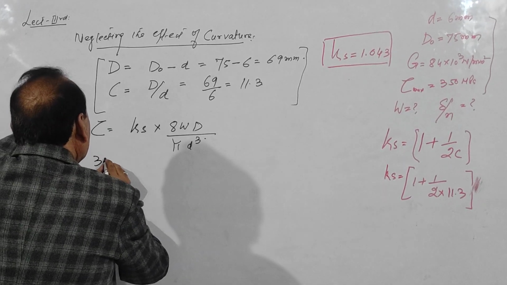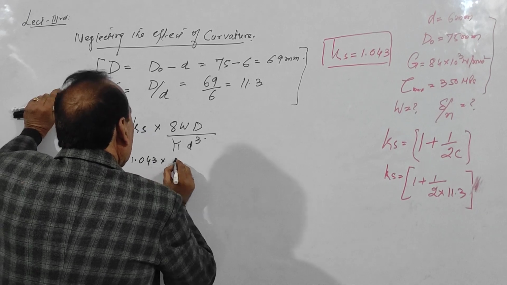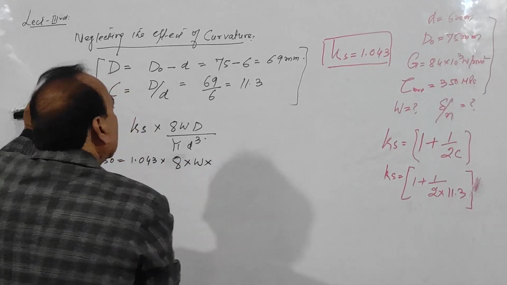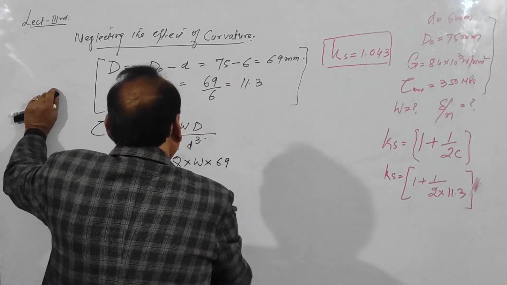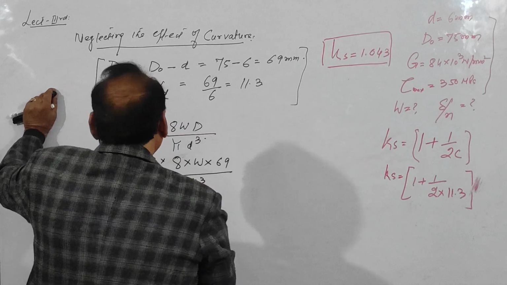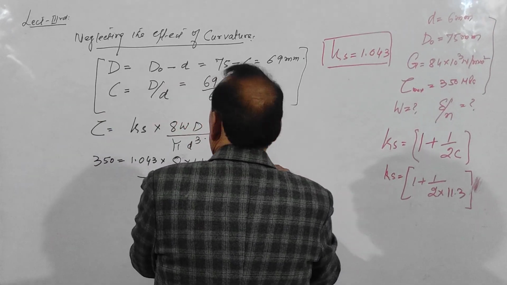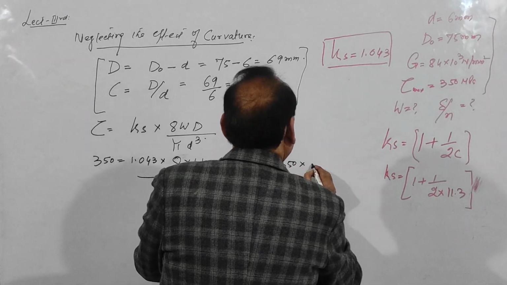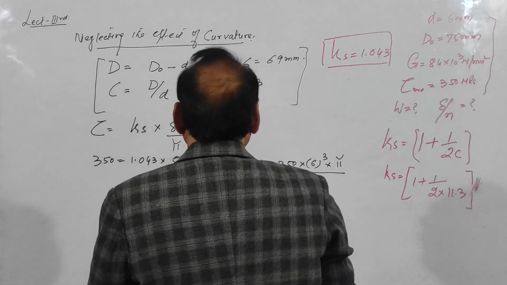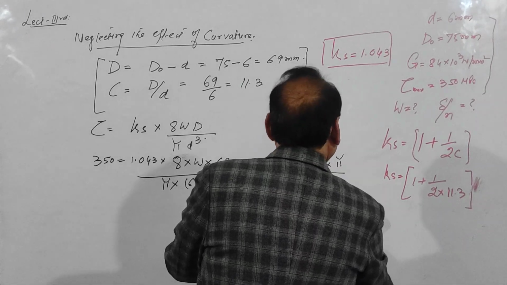That is 350 is equal to 1.043 into 8 into W, which you have to calculate, into D, which you found as 69, divided by pi into d cubed, where d is 6. Therefore W is equal to 350 into 6 cubed into pi divided by 1.043 into 8 into 69. Okay.